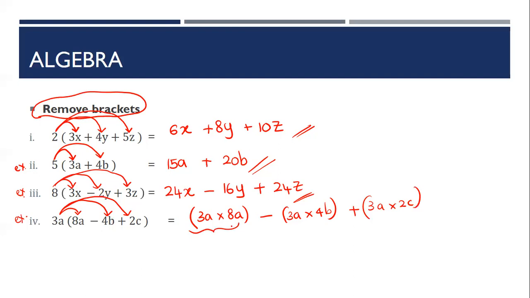So 3a into 8a means 3 into 8 is 24 and a into a is a square; minus 3 into 4 is 12 and a into b is ab; plus 3 into 2 is 6, ac. So the fourth one, we are getting the answer 24a square minus 12ab plus 6ac.